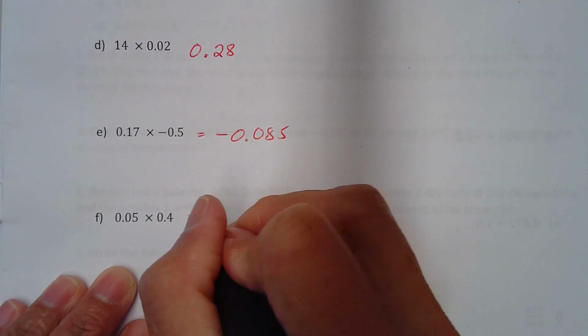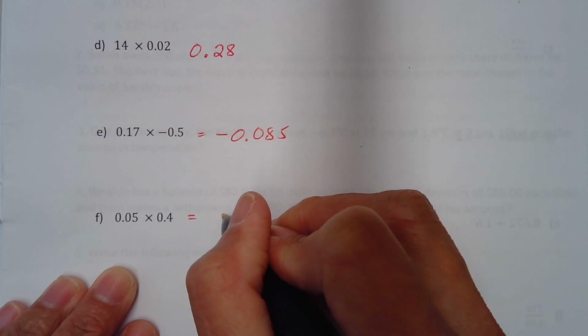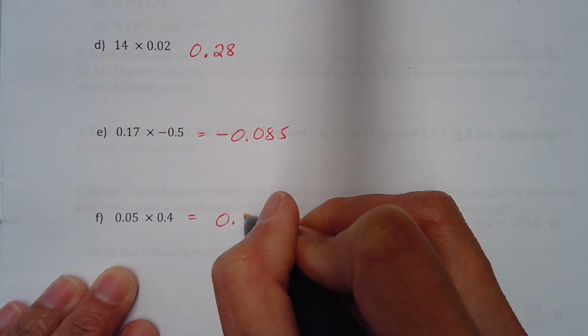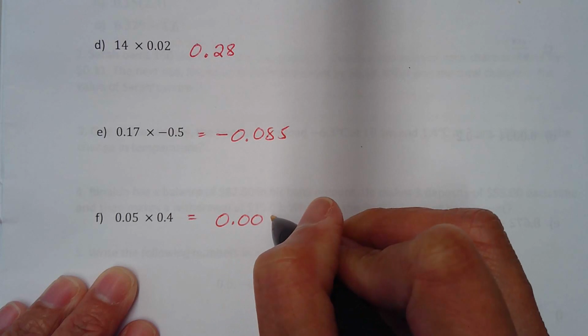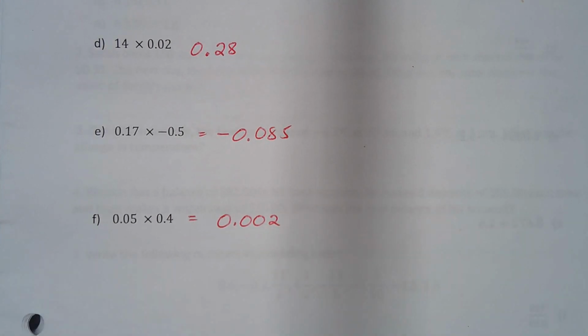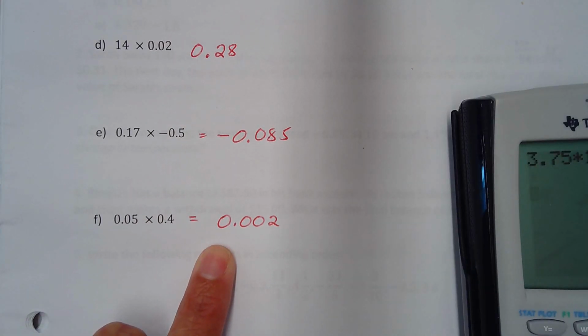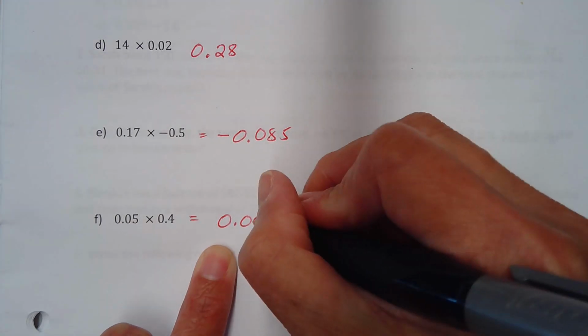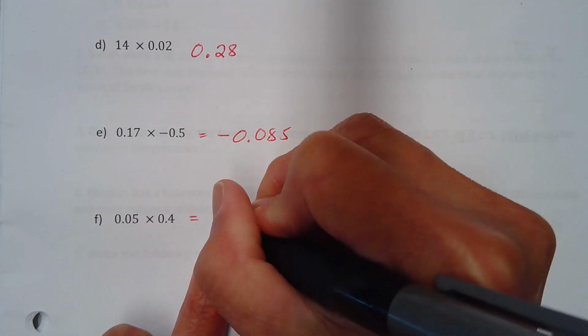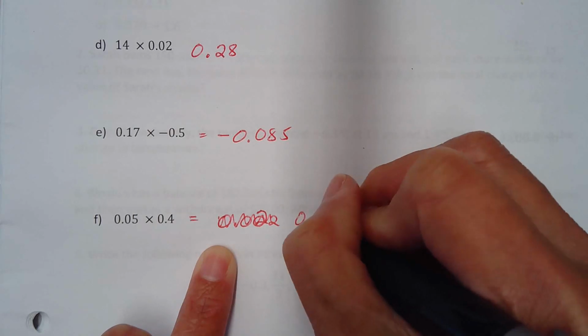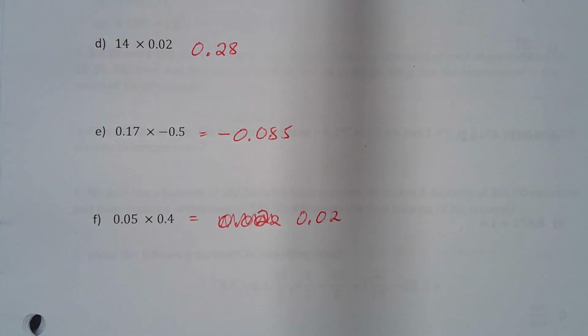And then the last one. 0.002. 0.05 times 0.4. So it should be just 0.02. Okay?